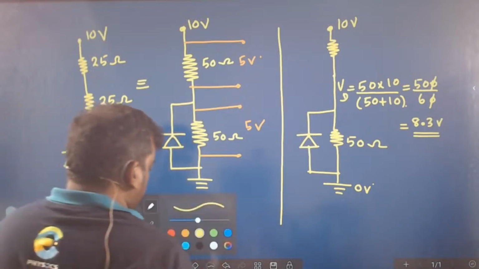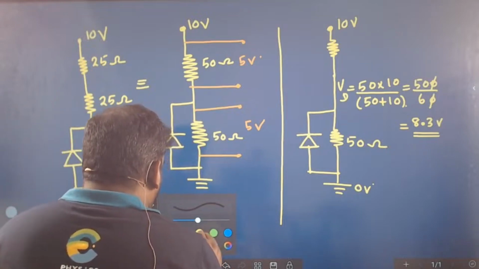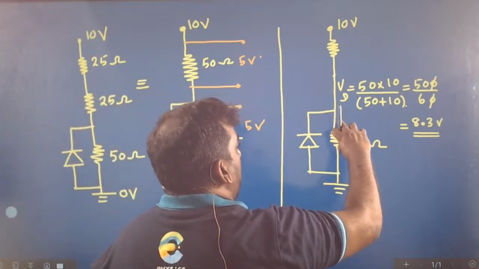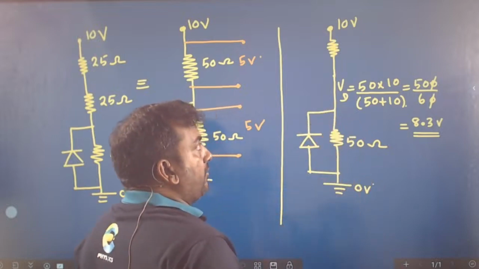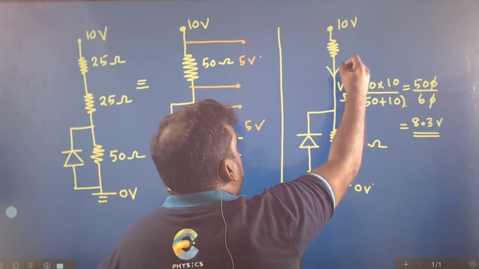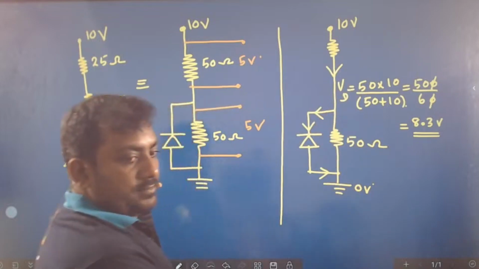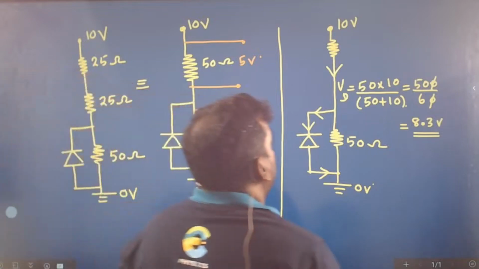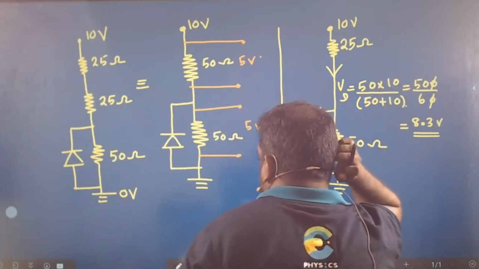Now here, once the voltage is more, breakdown has taken place. Current will pass through the least path of resistance. Current will go across this. Sorry, here I made a mistake.